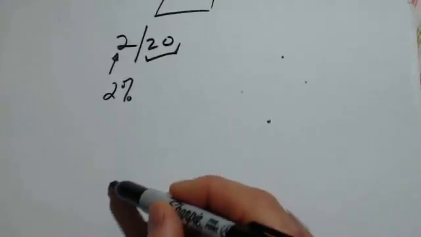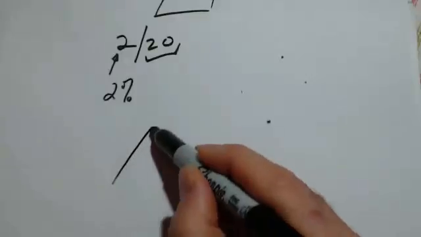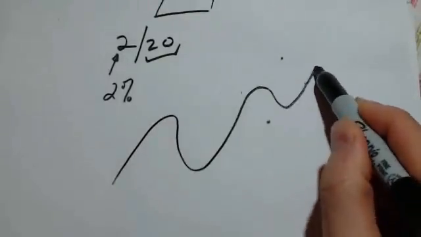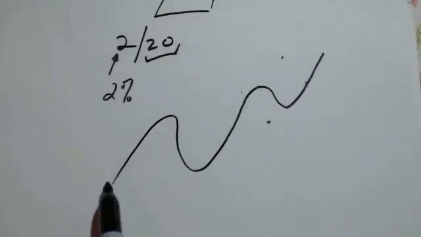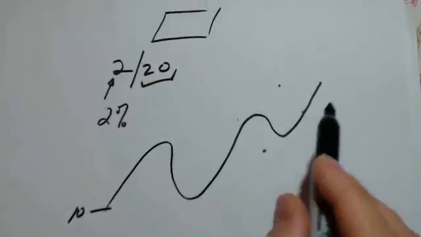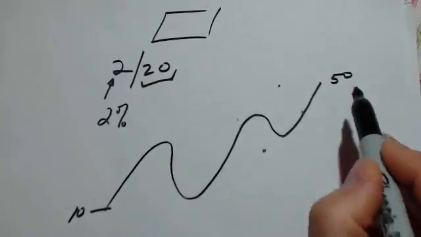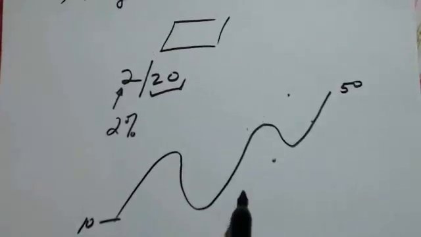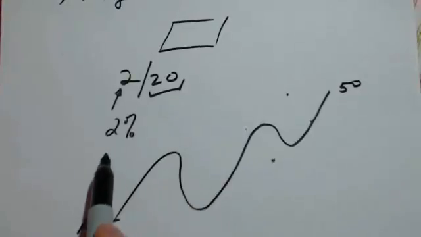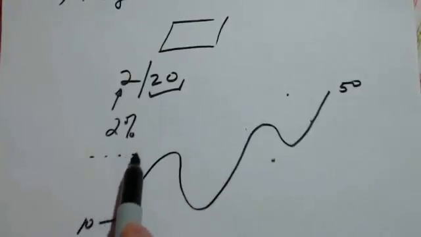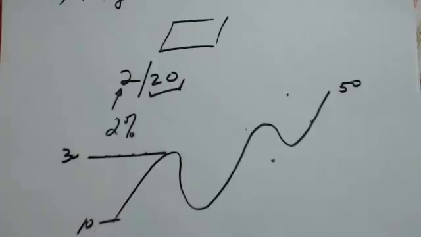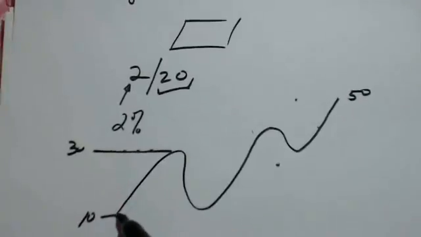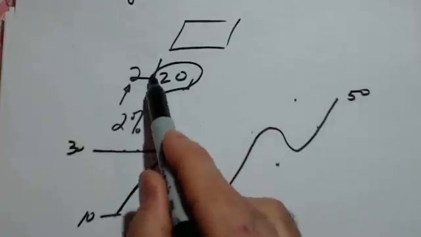So let's say you have the net asset value of a hedge fund, and the net asset value does this over time. So maybe this was $10, and then this is $50 per share net asset value. So maybe this is right at 30 right here. So what it means is, while the fund is doing well and it's in uncharted territory, it will be charging this 20% fee.